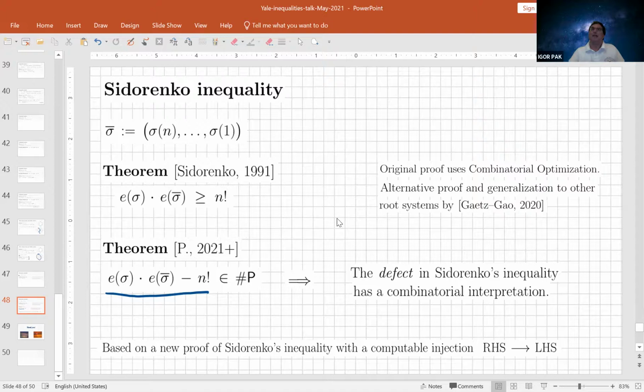In this case, there is a combinatorial interpretation that was open for 30 years. It's just not a very nice combinatorial interpretation, so I can prove that it's in sharp P, but explaining what it is will take me some time. So in some sense, it's evidence against my conjecture that Kronecker coefficients are in sharp P. But who knows?